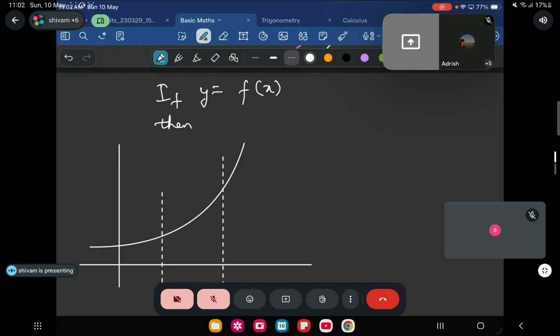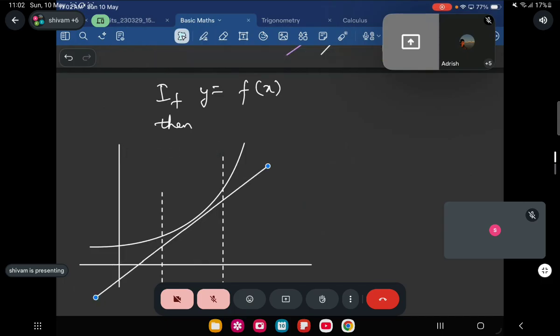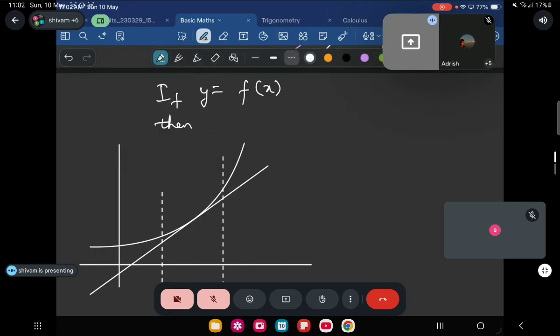So basically, we are finding out the slope of the tangent at a point. Let us say that this is the point, and I have taken a very small interval, everyone, the smallest possible interval you can think of. This is delta x.